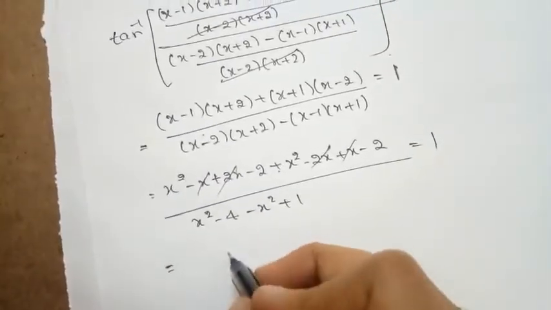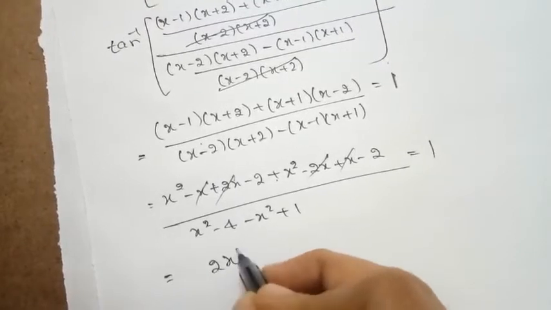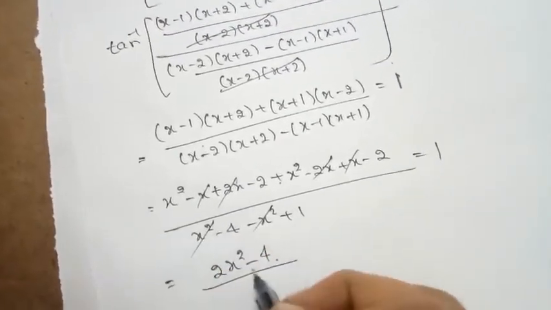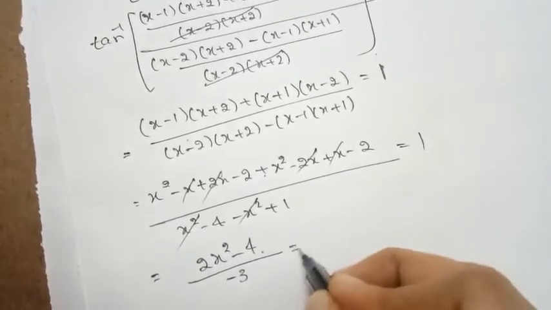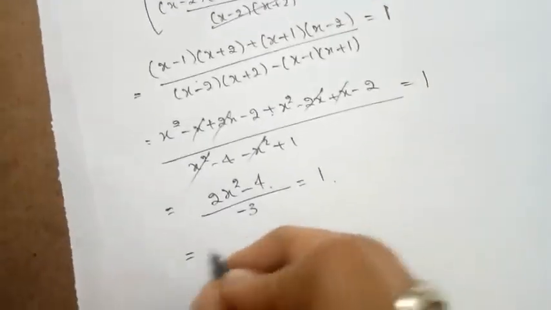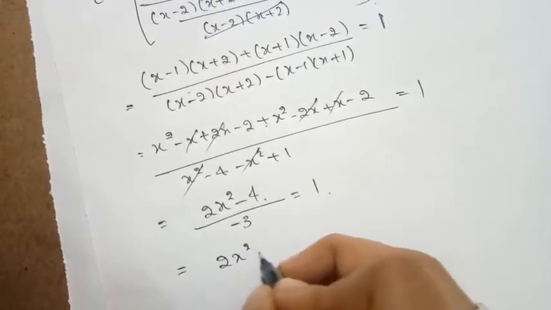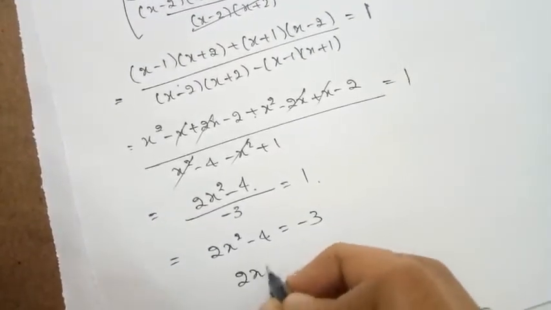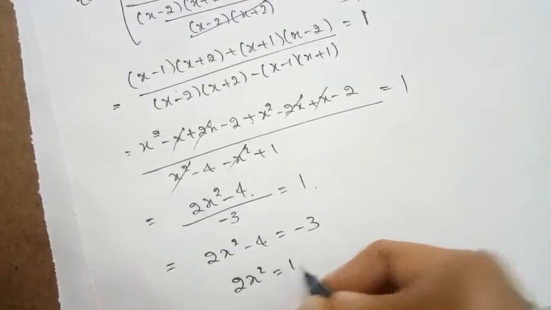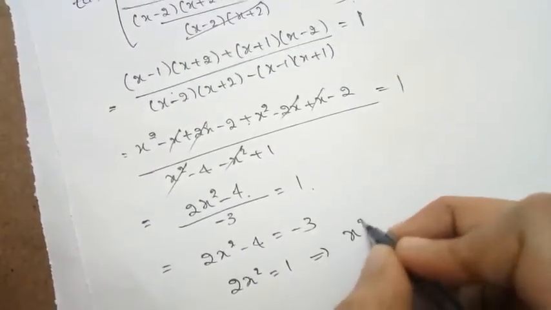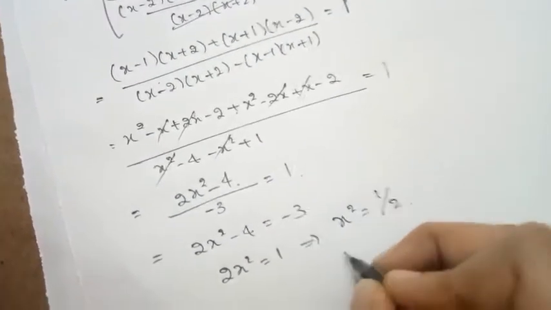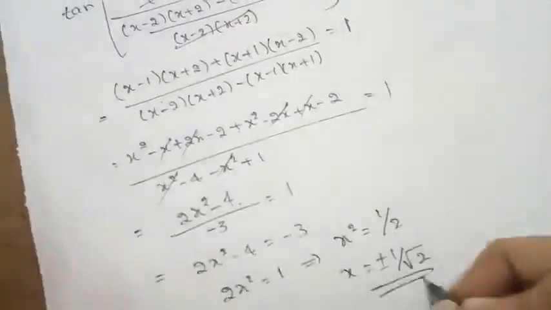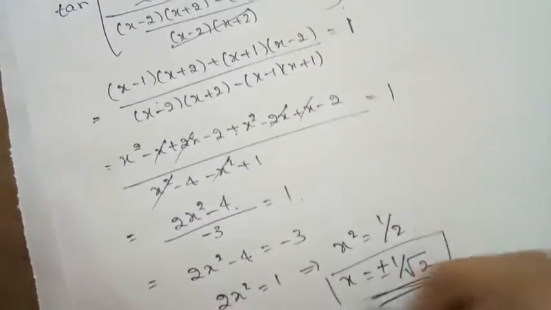So in the numerator we have 2x square minus 4 divided by, here x square gets cancelled, in the denominator we have minus 3, which is equal to 1. So clearly 2x square minus 4 is equal to minus 3, so 2x square is equal to 1. This implies x square is equal to 1 by 2 and x is equal to plus or minus 1 by root 2. So this is the value of x.